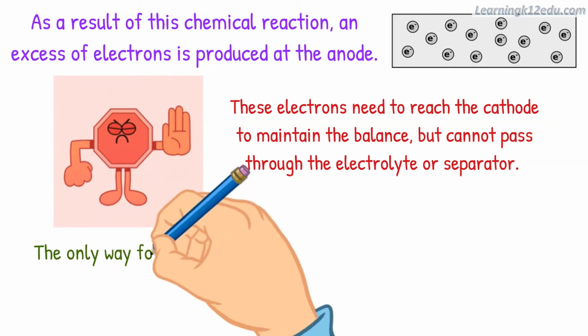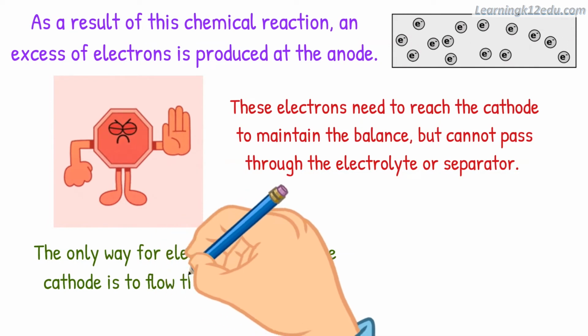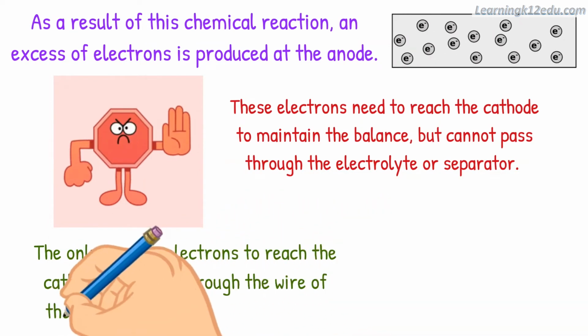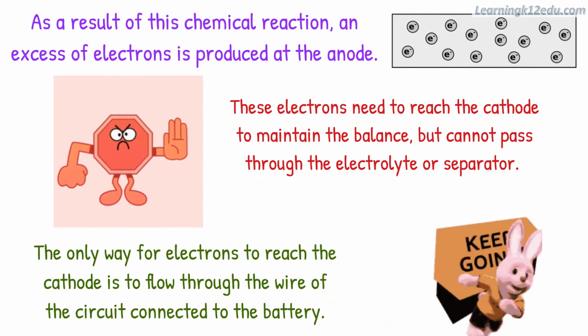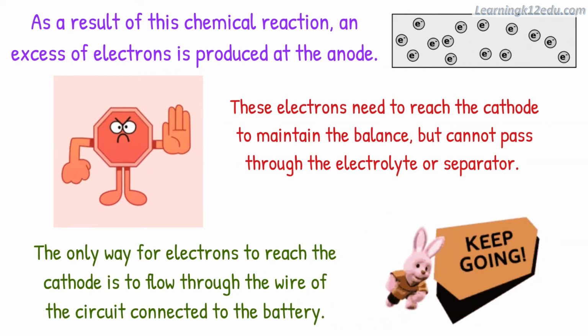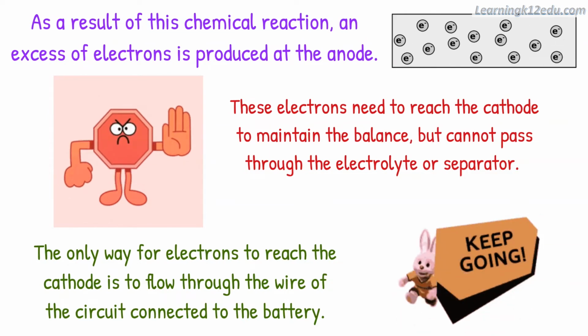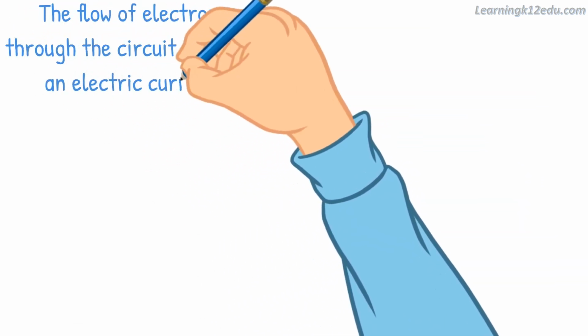The only way for electrons to reach the cathode is to flow through the wire of the circuit connected to the battery. The flow of electrons through the circuit produces an electric current.